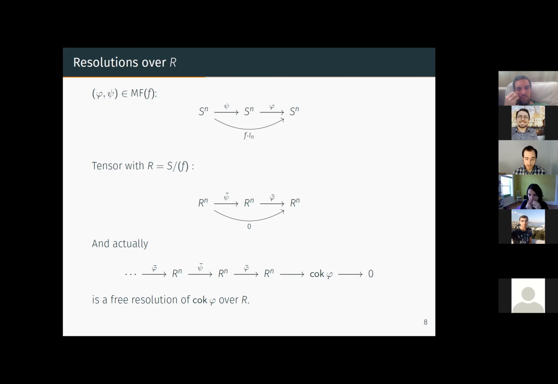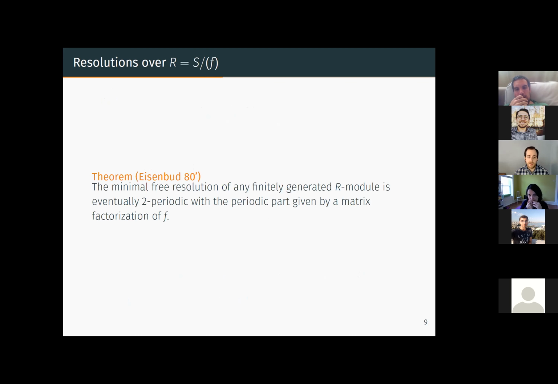And one step further, the really cool theorem, again due to Eisenbud in the same paper, is that the minimal free resolution of any finitely generated R module, so now drop the Maximal Cohen-Macaulay assumption, is, okay, not periodic the way this one was, but eventually periodic, with period 2, and the periodic part of the free resolution is given by a matrix factorization.